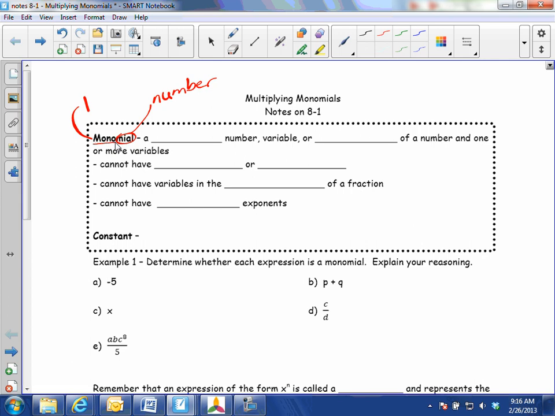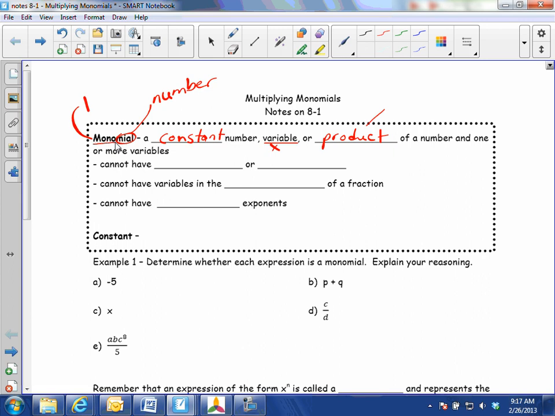But it doesn't mean just like 5. It could be a 5x or a 7y squared or something. Okay? So a monomial is a constant number or a variable. What's a variable? Like an x, like a letter. Or it could be the product. What's a product? Multiplying.